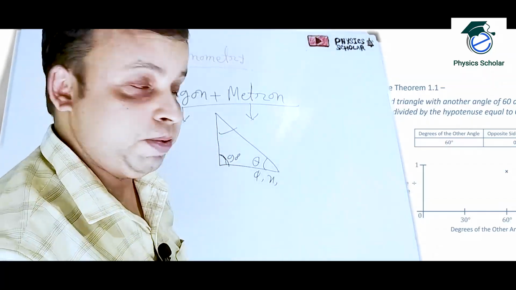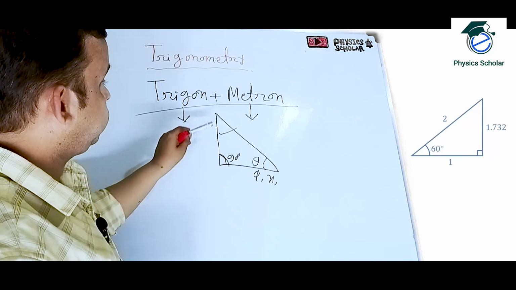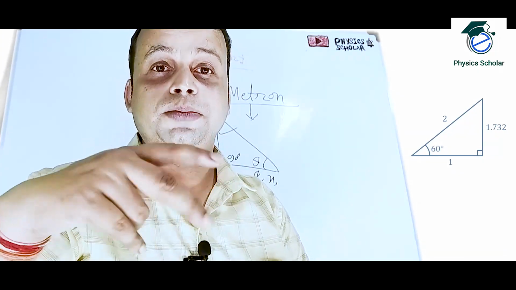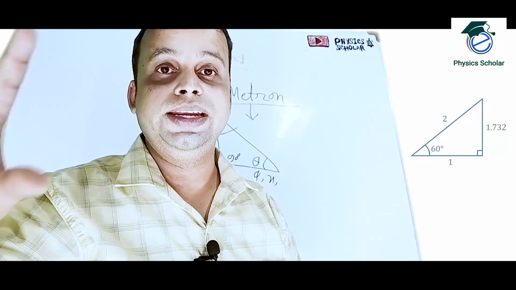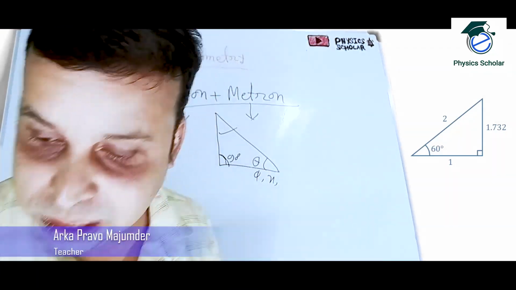So trigonometry means the measurement of the sides and the relation of the ratio of the sides of the right angle triangle with any angle of the triangle. Now we will learn what the functions are.